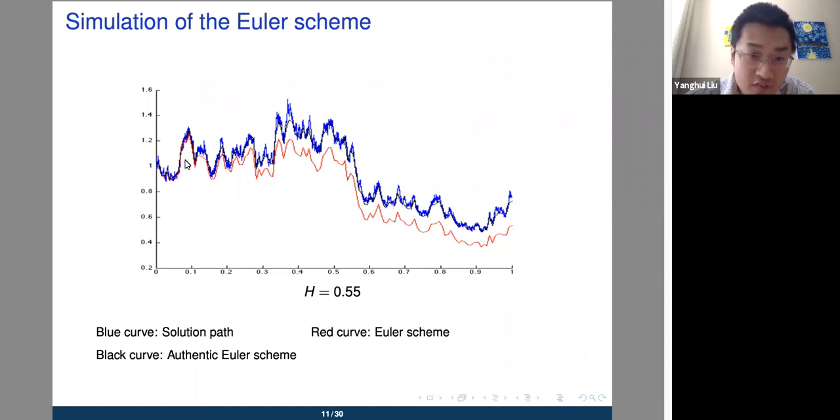And if you look closer, there's a black curve. The black curve is following along the solution curve. The black curve is generated by our modified Euler scheme. And so besides this simulation, we have also several other pieces of evidence showing that this new scheme is the authentic Euler scheme.